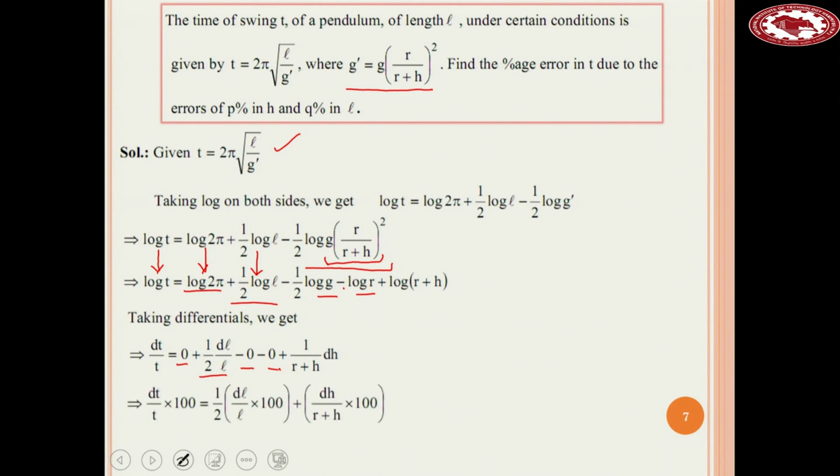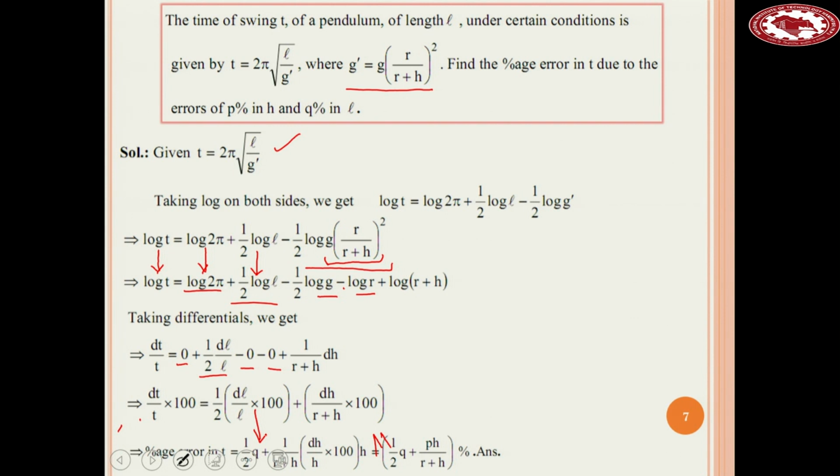Now, multiply by 100. dT over T into 100 is equal to 1/2 dL over L into 100 plus dH over R plus H into 100. Now, the left side is the percentage error in the value of T, and this is equal to 1/2, and this bracket term is Q, plus we have given dH over H multiplied by 100.